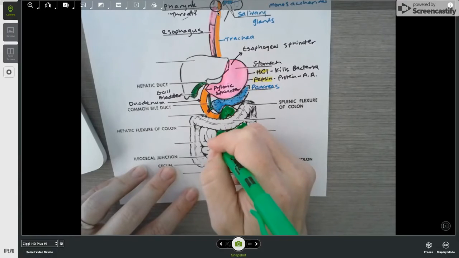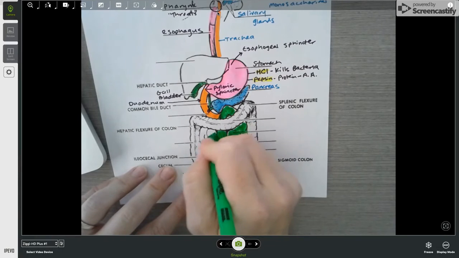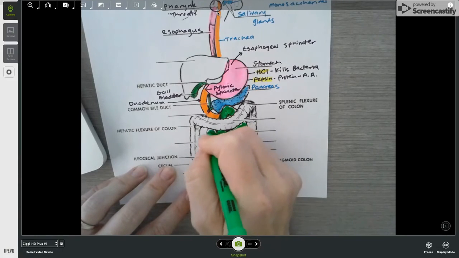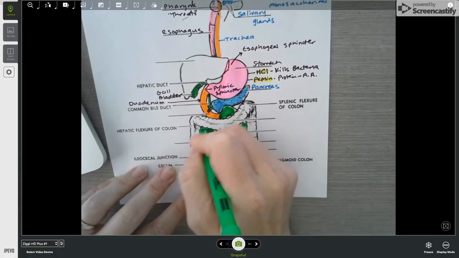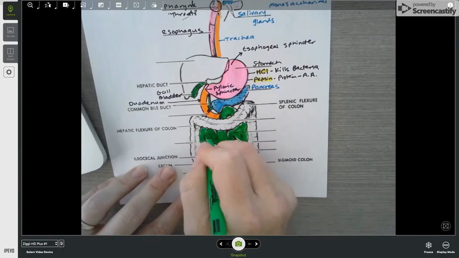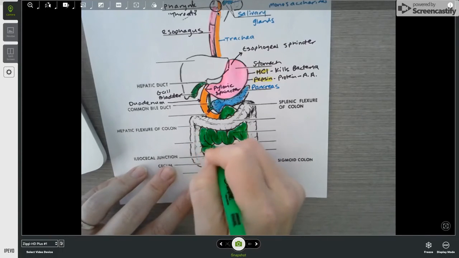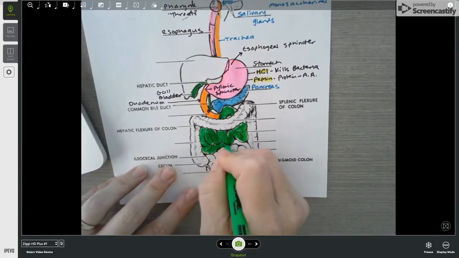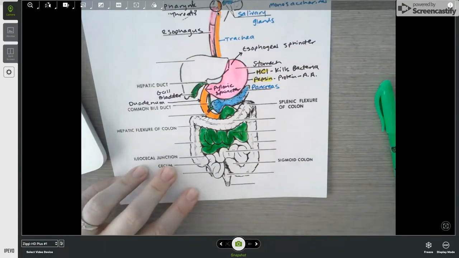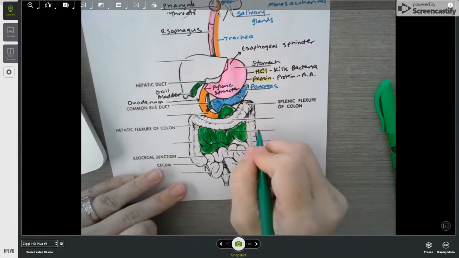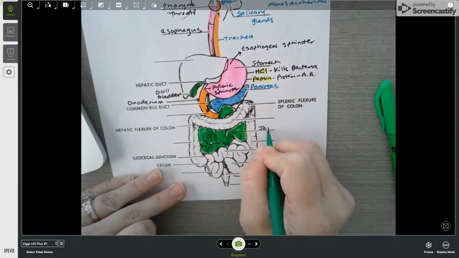It's called the jejunum. This is where most absorption of nutrients occurs. It has villi in it as well as microvilli. So I will label this region right here. This is your jejunum.